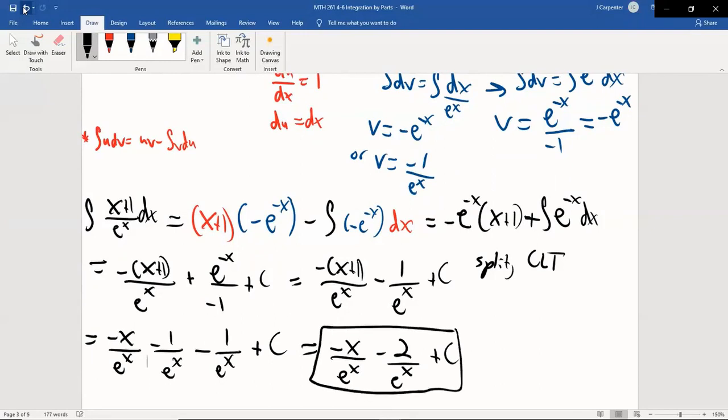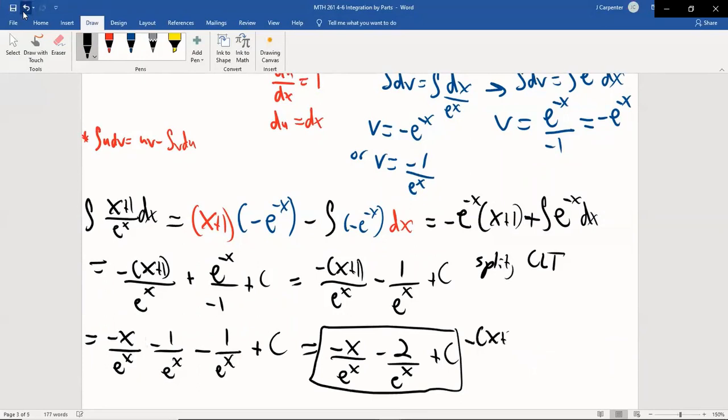Some people might recombine these and say, oh, well, they both have a factor of e to the x in the bottom. So we could do negative parentheses x plus 2 over e to the x plus c. Let me give it a little more room because that was bad.